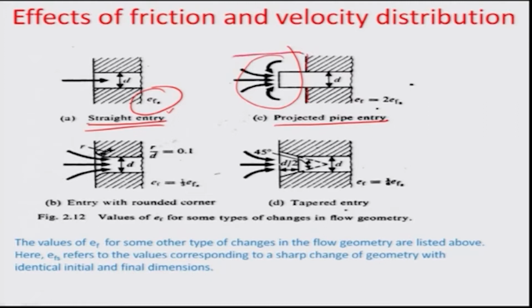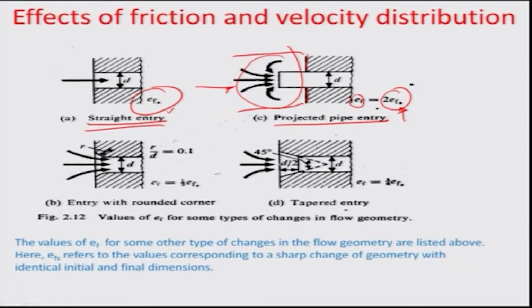So, maybe the pouring basin is right about here and the flow is happening in this direction. In this kind of situation, the EF that is recorded really is twice the value of the EF that is observed from the change in the area ratio, as in the last figure.